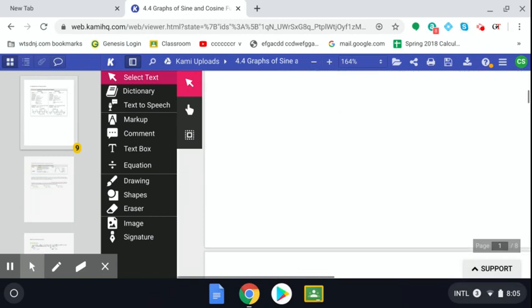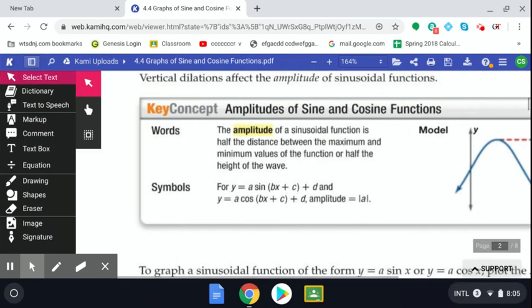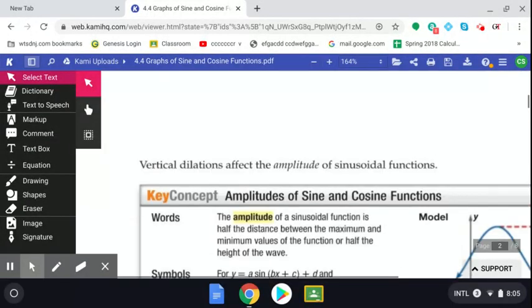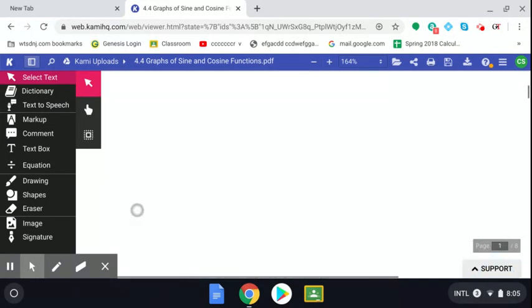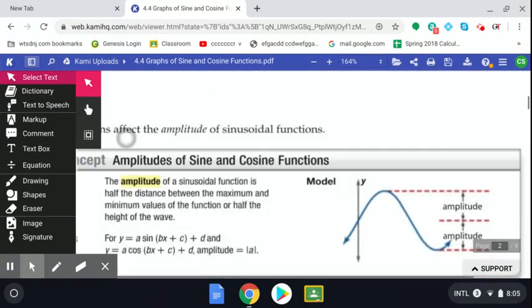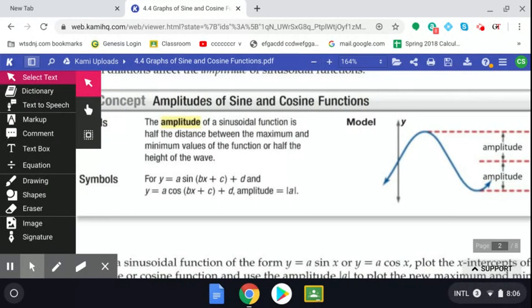Okay? So now we're going to talk about the amplitude of a sine function. Vertical dilations affect the amplitude of sinusoidal functions, which are our sine and cosine functions. The amplitude is essentially how high and how low it's going to go.